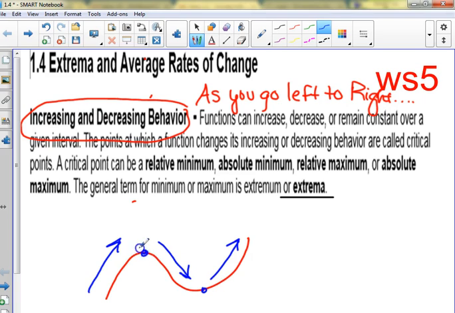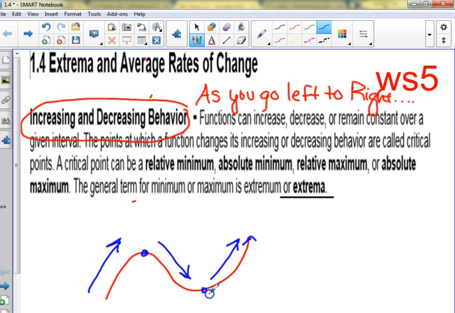And what are we going to call this point here? A local maximum. Does anybody know why it's not called an absolute maximum? Yeah, it goes higher over here eventually, right? It just means in this little area, it peaks and starts back down. And over here, this is called a local minimum or relative minimum, relative maximum.